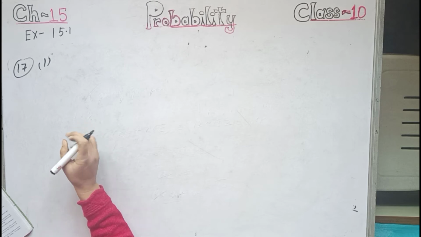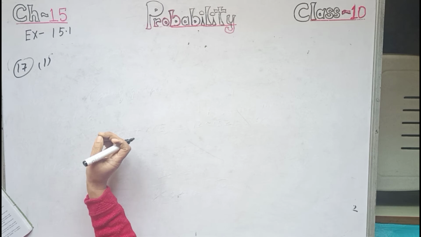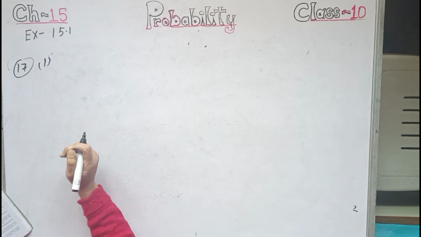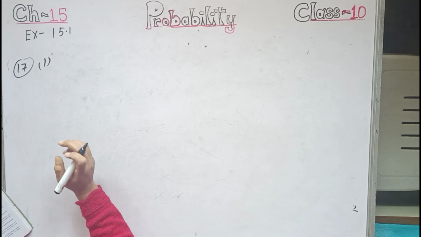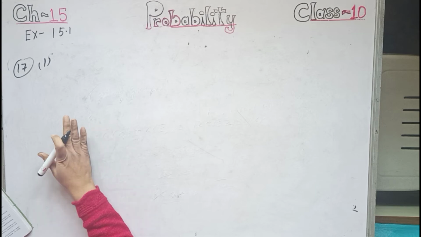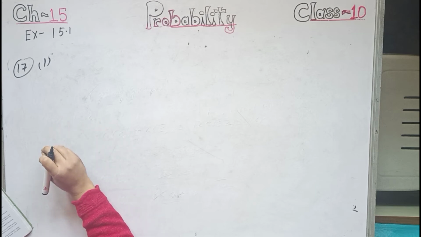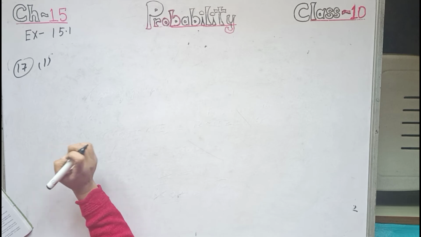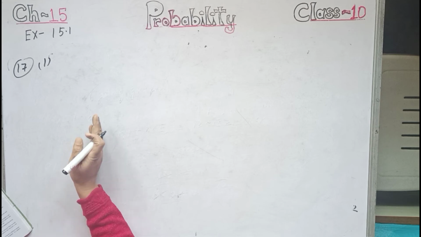Now one bulb is drawn at random from the lot. What is the probability that the bulb is defective? Simple, 4 by 20. Suppose the bulb drawn in 1 is not defective and is replaced. Now one bulb is drawn at random from the rest. What is the probability that this bulb is not defective?